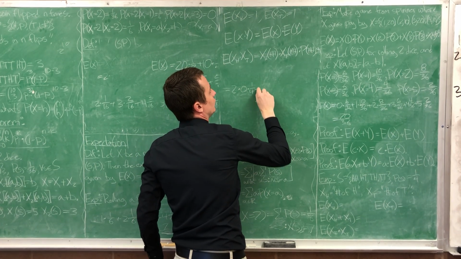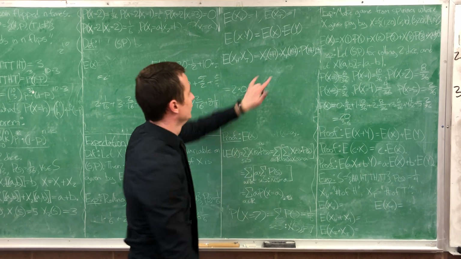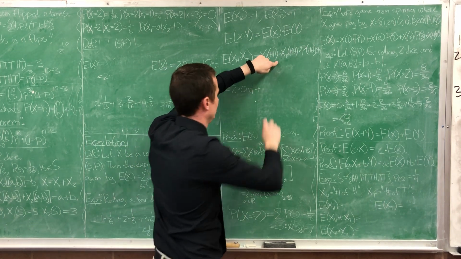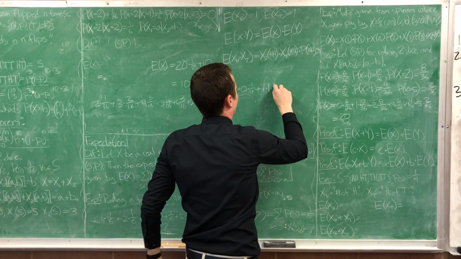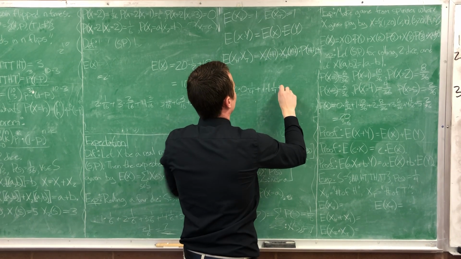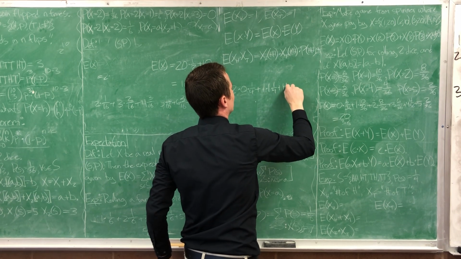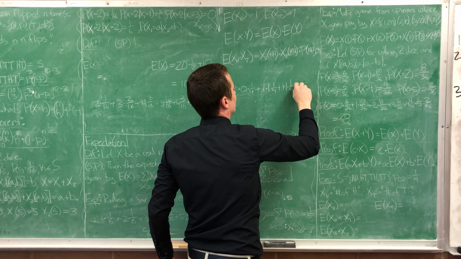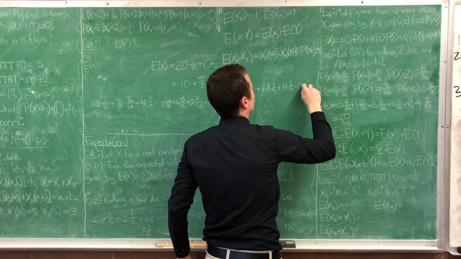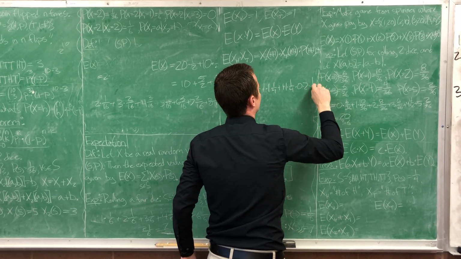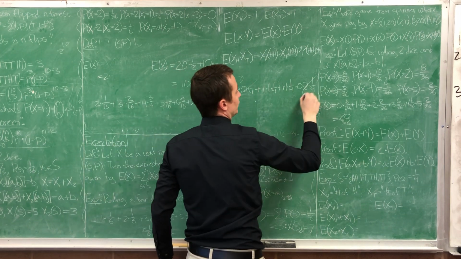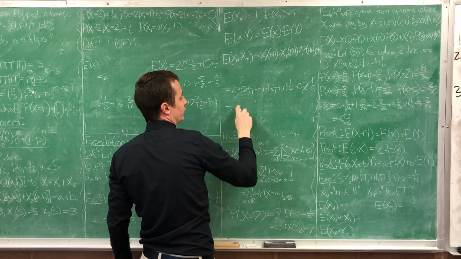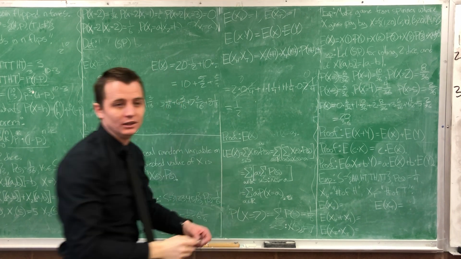Now let's do HT. 1 and 1, times 1/4. Now TH. 1, 1, 1/4. And now TT. 0 and 2. Okay, perfect. So this whole term goes to 0, this whole term goes to 0. This is 1/4 plus 1/4, which is 1/2. Not 1.